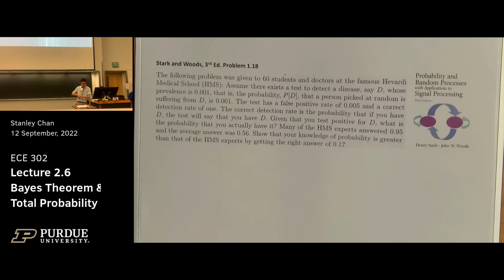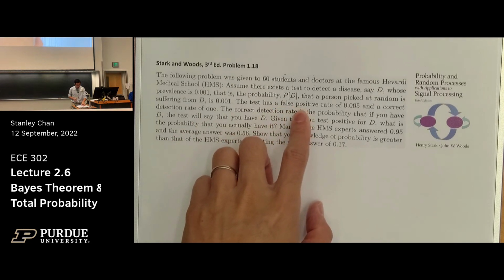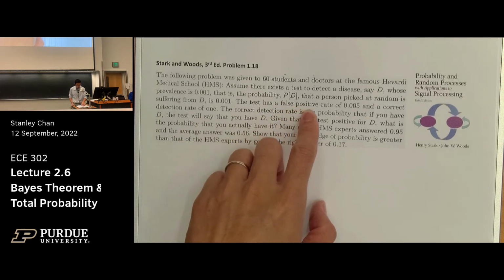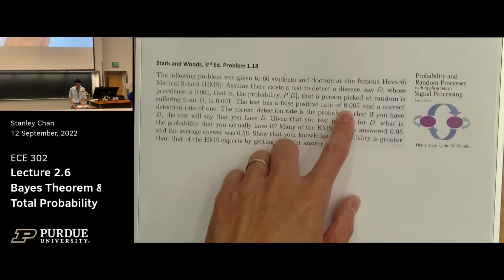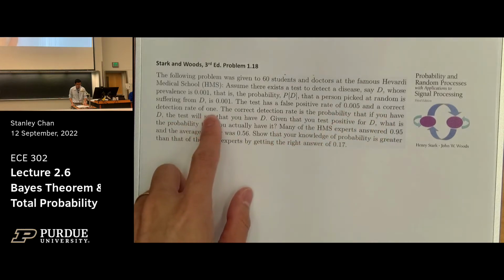And assume that there exists a test to detect a disease, let's say disease D. The probability of getting that disease is 0.001, so 1 out of 1,000 people will get that disease. You have a test. The test has a false positive rate of 0.005 and a correct detection rate of 1.